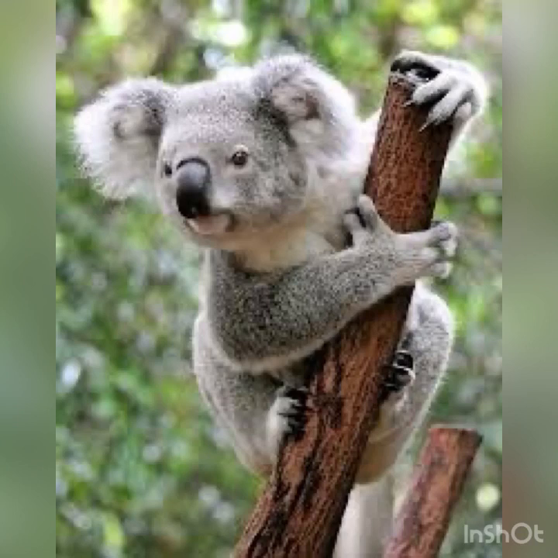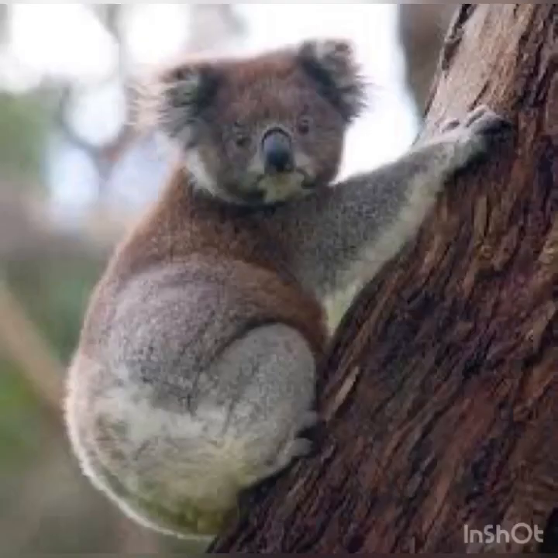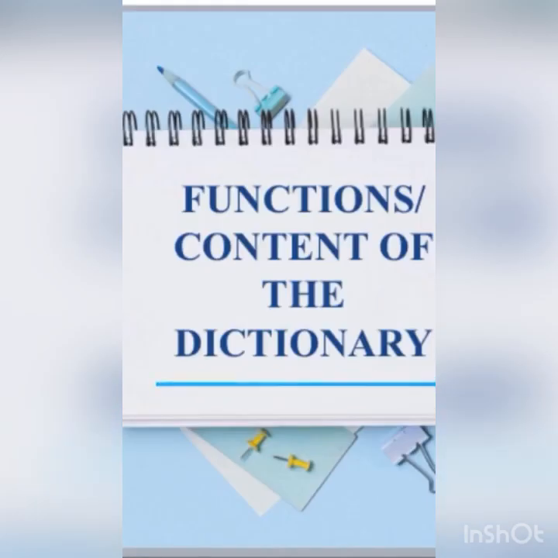So if sluggish, tailless, and gray are easy for you as the learner of the language to identify, then how would you identify the other meanings like arboreal, marsupial? Right? So, circularity.